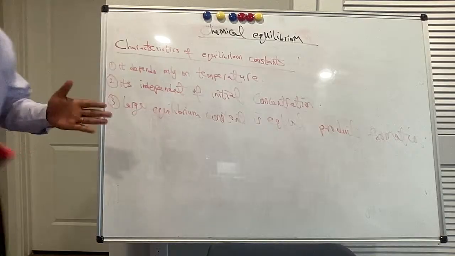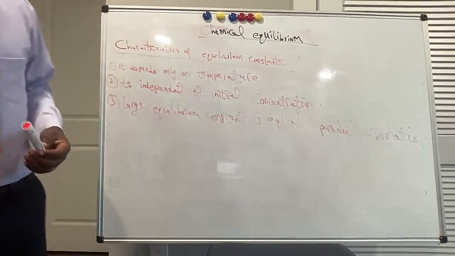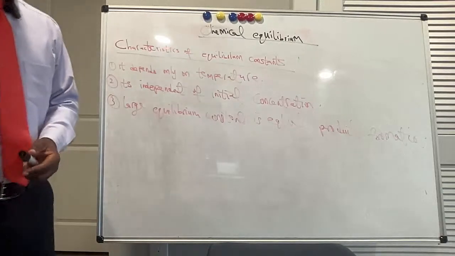When your equilibrium constant is big, products are being produced.